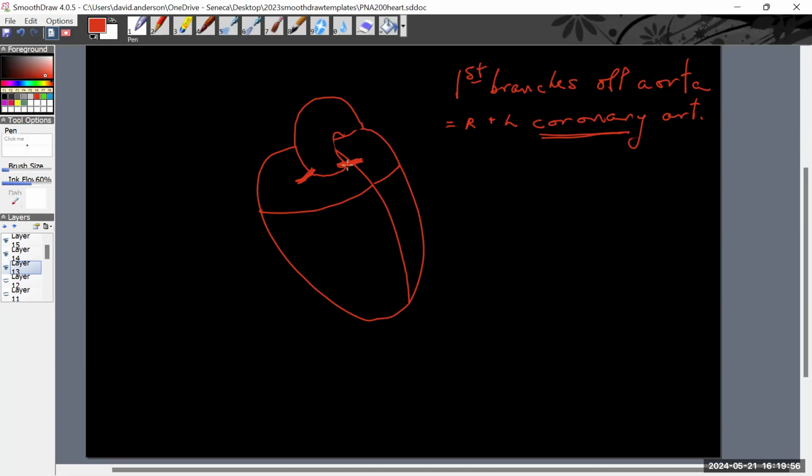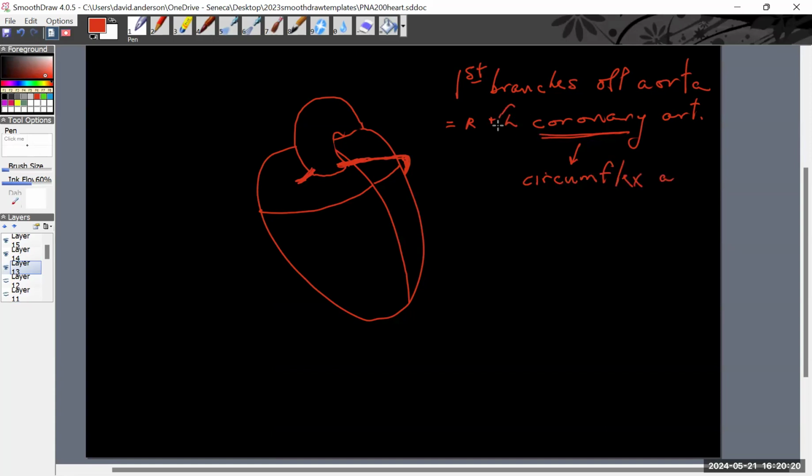So the left coronary artery is going to come off and divide into a branch that goes around to the back side of the heart. So it becomes the circumflex artery.